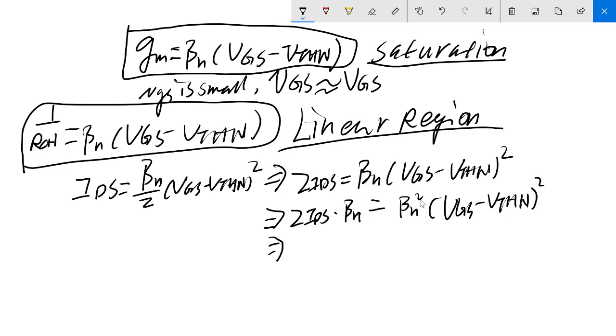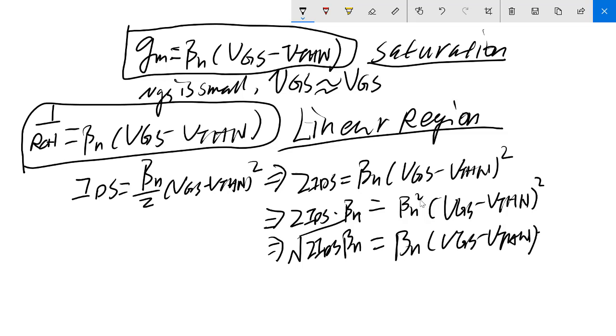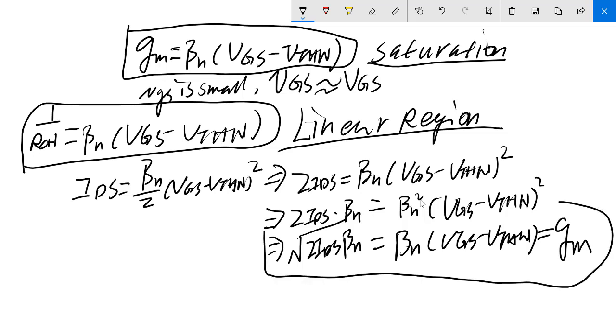If we do a square root on both sides, we are getting this, which is exactly gm. So this is an important equation you need to know as well. That's another way to get gm when you know IDS. So these two equations are pretty important.